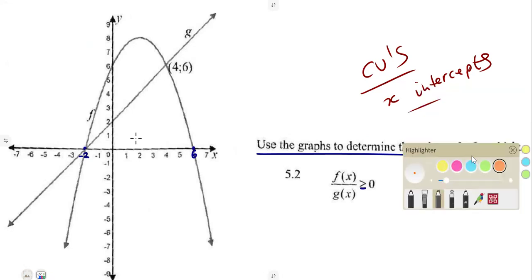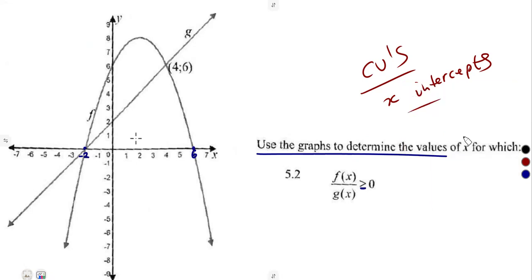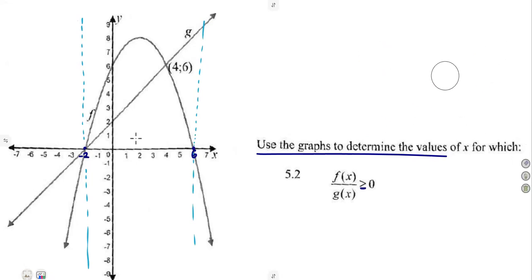We do not have a hyperbola where we have an extended part of asymptotes. So these are the critical values: the x value at -2, and the x value at 6, the x-intercept. So let's compare. We need f of x over gx to give us a positive, to be greater than or equal to 0.